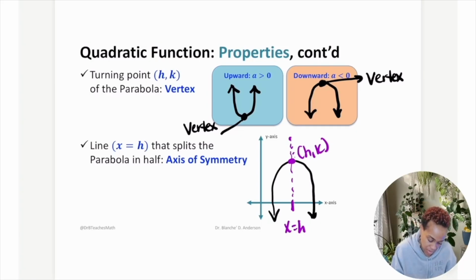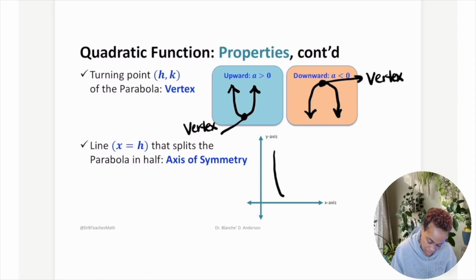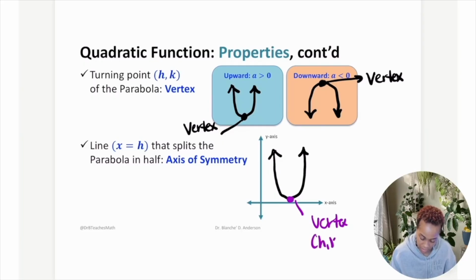And it doesn't matter if my graph looks like this, or if my graph is going this way. Okay, the vertex is still here, which we know is hk, and the line that cuts it in half, that's the line x equals h.